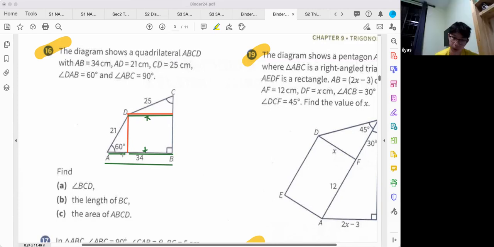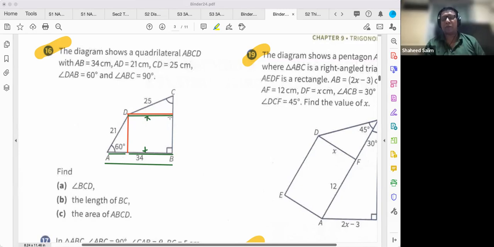Okay, well done, 23.5. So now you use sine because you want to find this angle, right? So you go straight to sine of x, the angle BCD, equals 23.5 over 25. And then you inverse sine it.